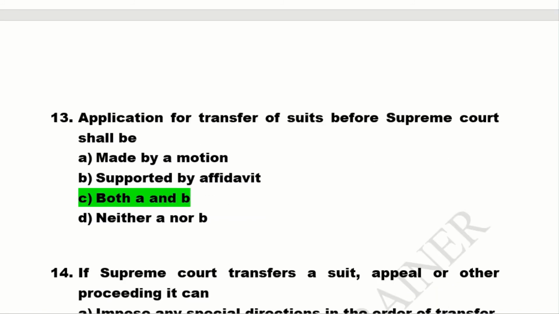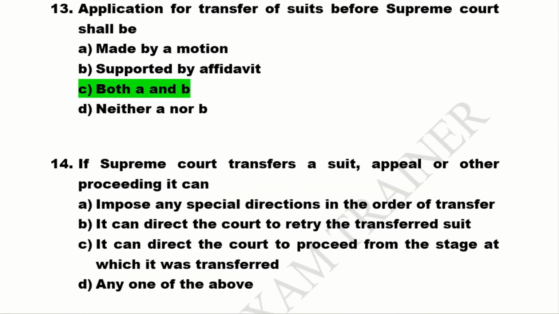Next question, question number 14. If Supreme Court transfers a suit, appeal or other proceeding, it can option A. Impose any special directions in the order of transfer. Option B. It can direct the court to retry the transferred suit.